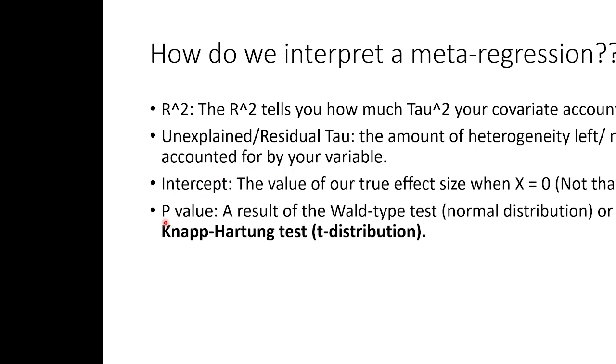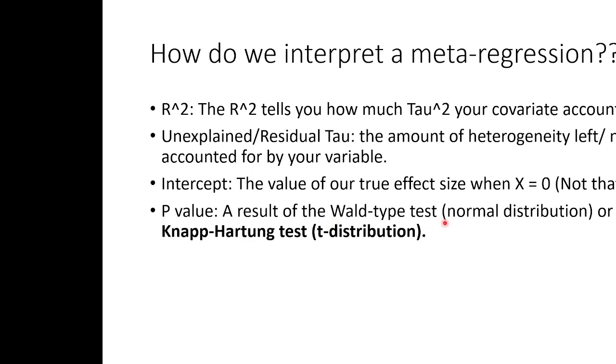And then the p-value. This p-value basically measures whether or not your predictor, your covariate, has a significant effect on the effect size, or whether it can actually predict your y value. We have two types of tests that we usually use for our p-value calculation.